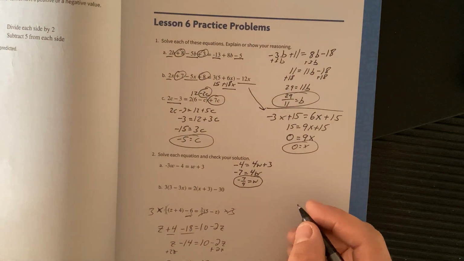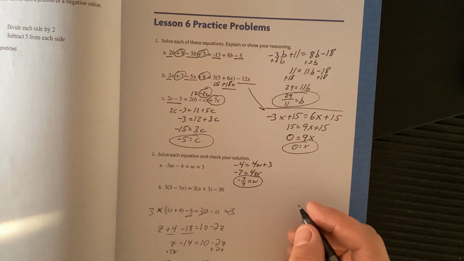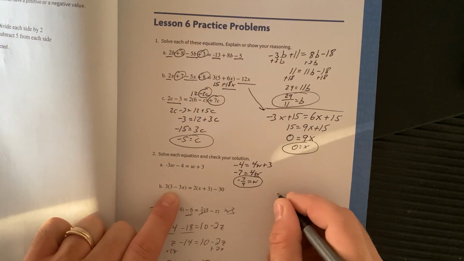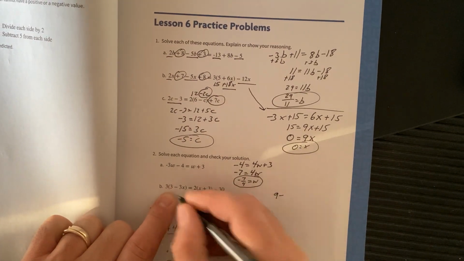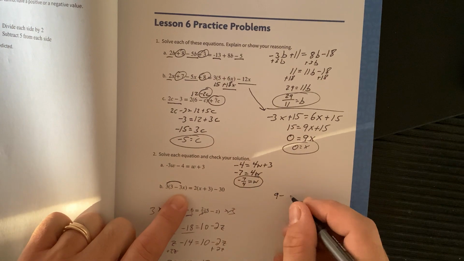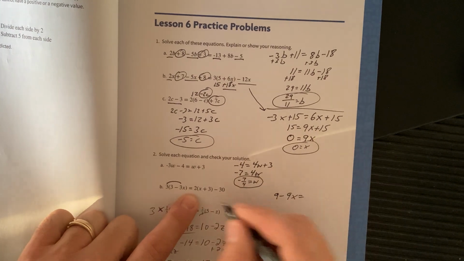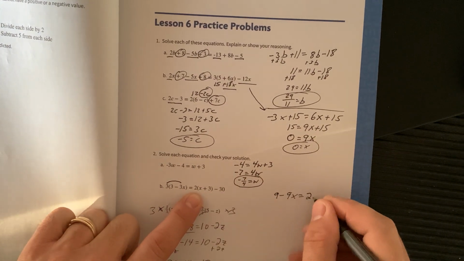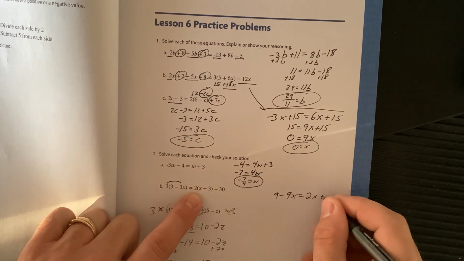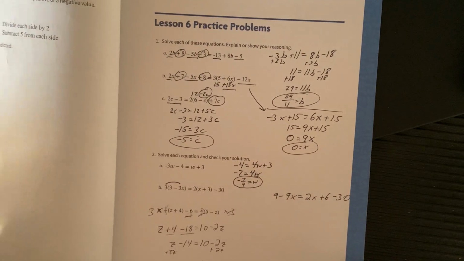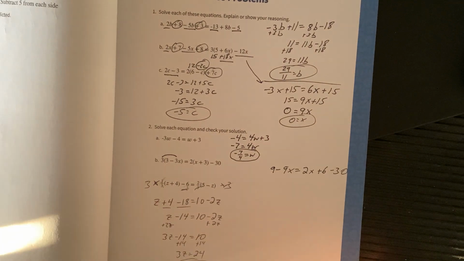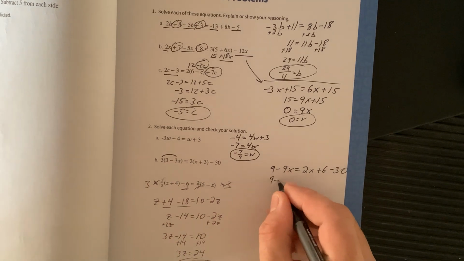Last one there, B. I'm going to distribute the 3, so 3 times 3. 3 times negative 3x. 2 times x. 2 times 3. And I still have the minus 30. Left side, right now we're going to leave.